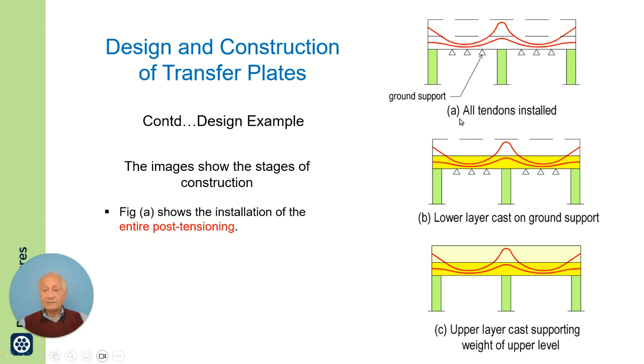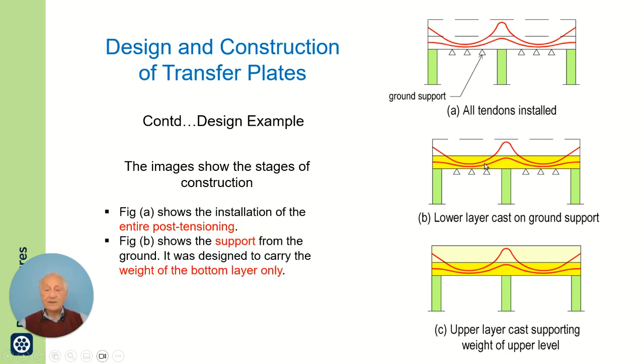Figure A shows the installation of entire post tensioning. You have ground support, post tensioning for the lower layer, and post tensioning for the upper layer. Figure B shows the support from the ground.